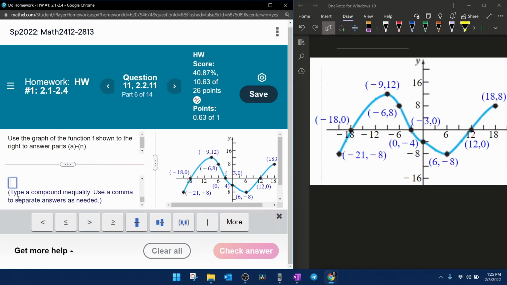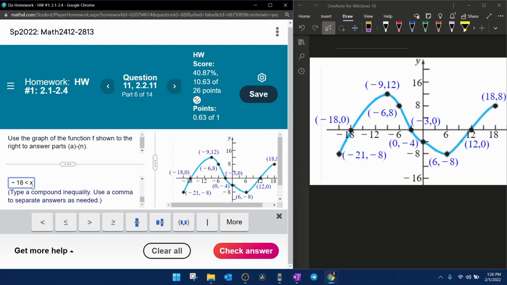Now if we read the instructions, it says type a compound inequality. Use a comma to separate answers as needed. Compound inequality means we're going to start with the leftmost value of x, which is negative 18. We're going to use the less than symbol and x.